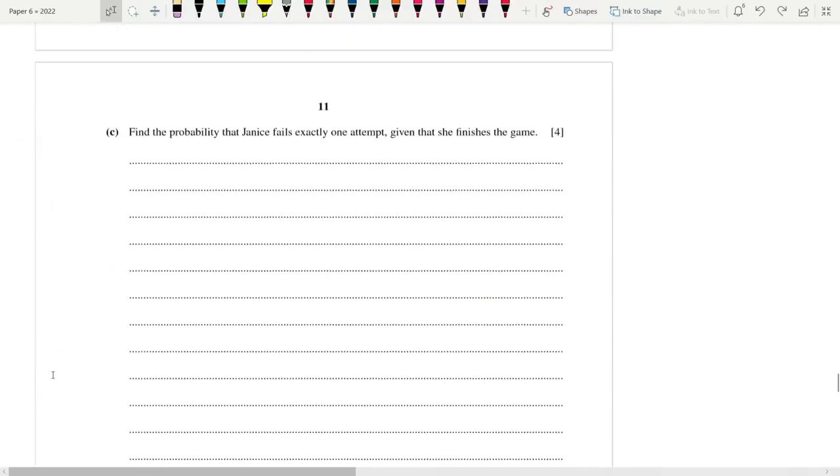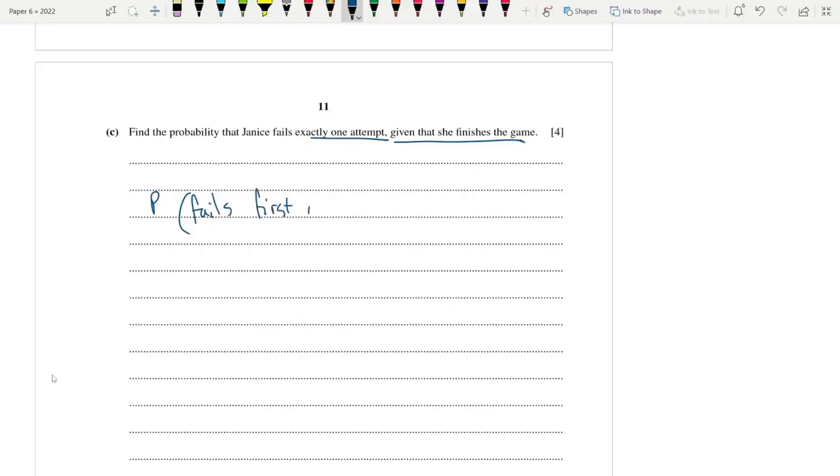Okay, now last one. Find the probability that Janice fails exactly one attempt, given that she finishes the game. So this is the condition. How do you write it? Probability that Janice fails exactly one attempt. What does that mean? She fails first or second level. And what is the condition?